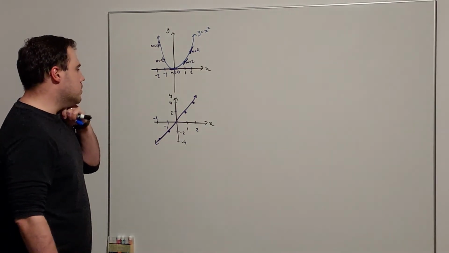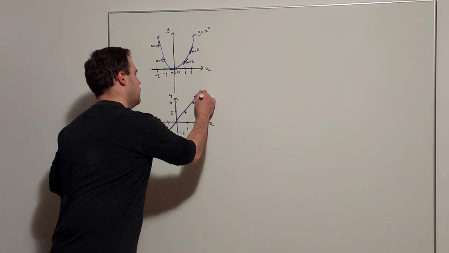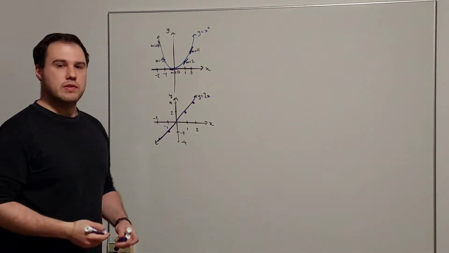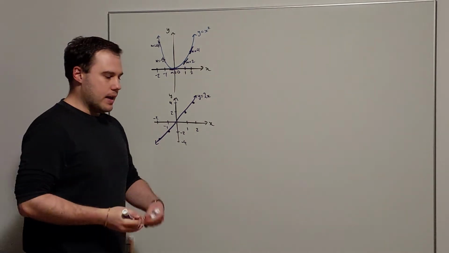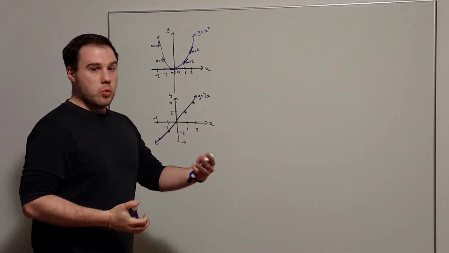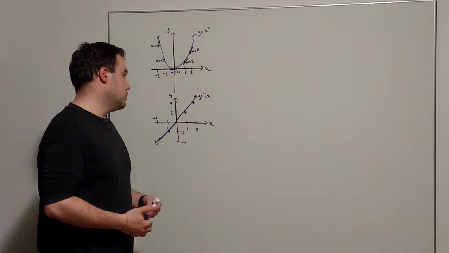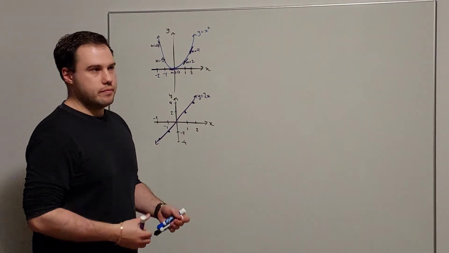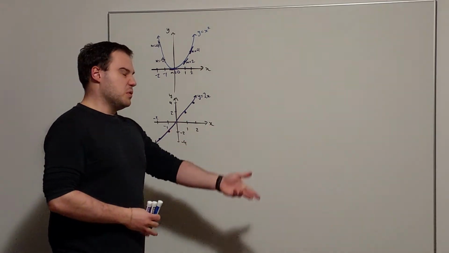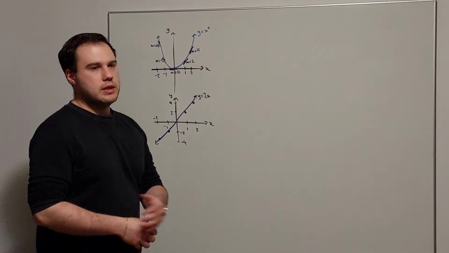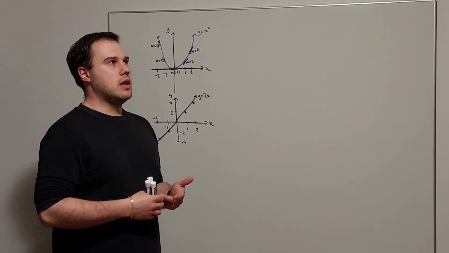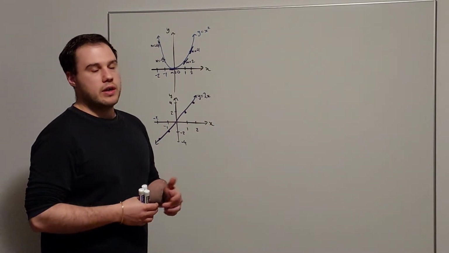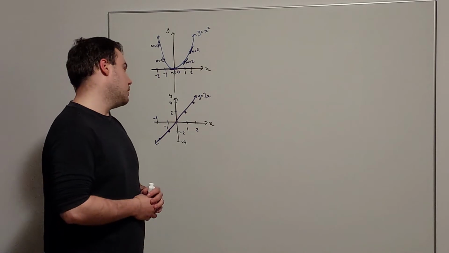You notice that the equation of this line is y equals 2x. Like we did in the previous video, the gradient at x equals 1 was double 1, which is 2. The gradient at x equals 2 was double 2, which is 4. And you could do it yourself, mimic the process: the gradient of the tangent when x equals 3 on the y equals x squared parabola is 6.